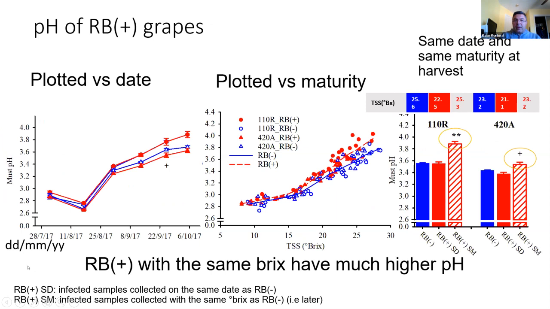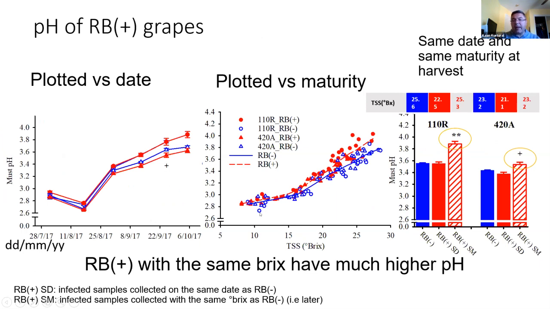The pH of red blotch positive grapes, at the same brix, you're going to end up with a much higher pH. If I plot across days, I can see some transient differences.